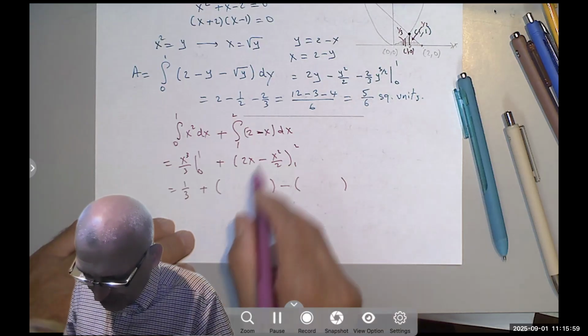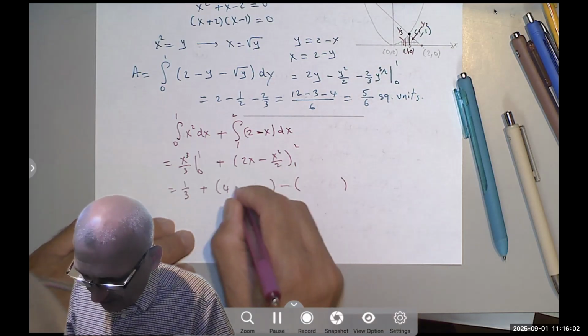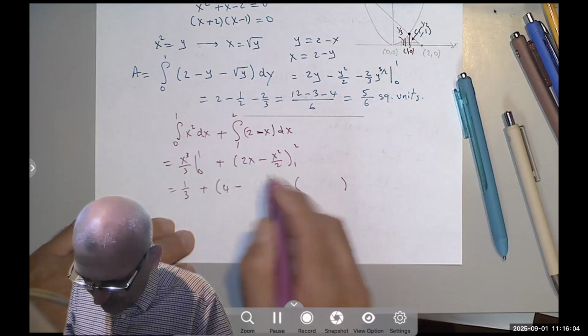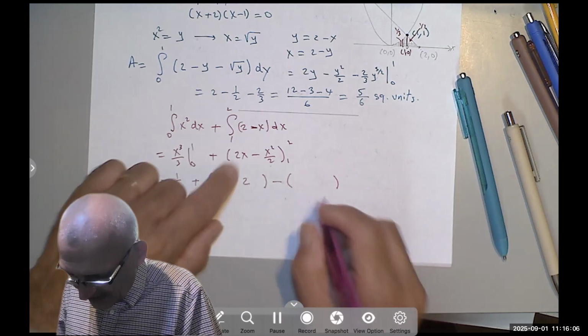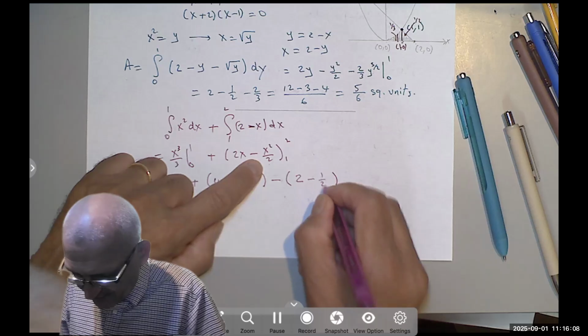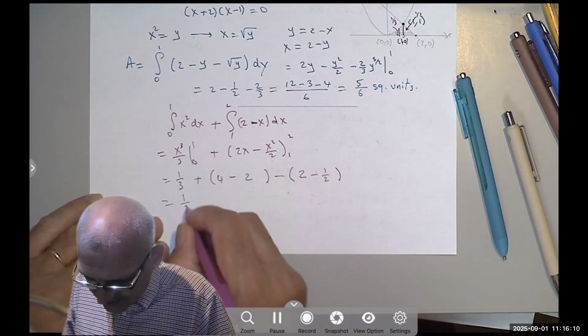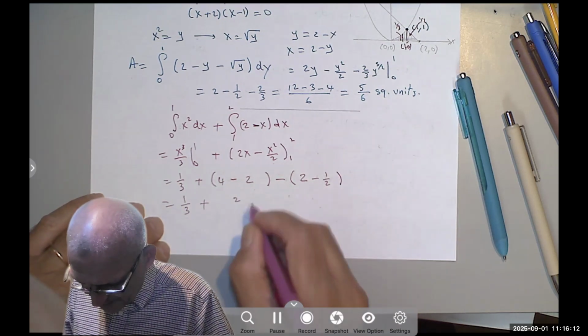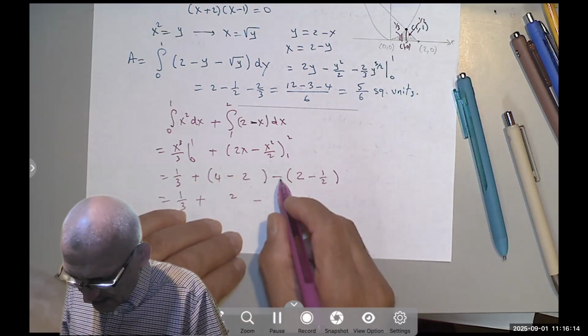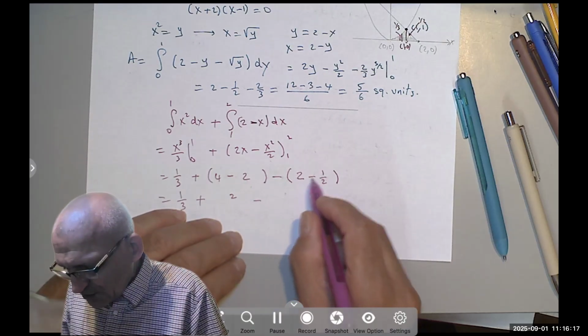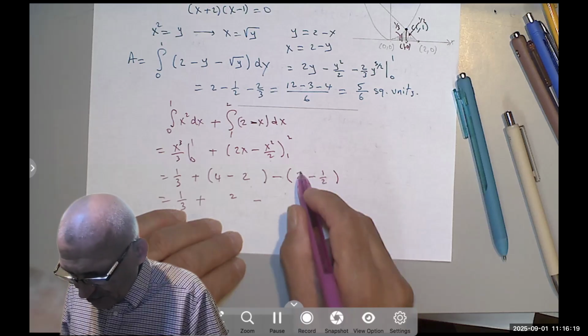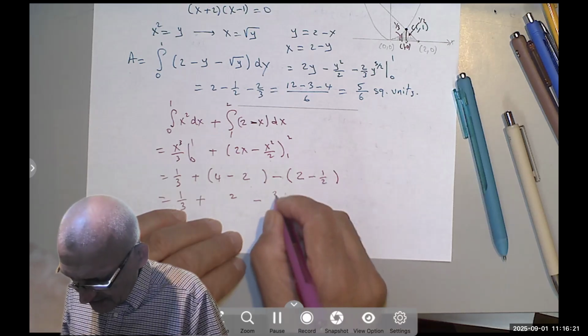I would substitute with 2 here. 2x is 4 minus 2, because 2 squared over 2 is 2. And here I have 2 minus 1/2. So at the end of the day, I get 1/3 plus 2 minus 2 minus 1/2 is 3/2, because this is 4/2 minus 3/2. So you get 3/2.